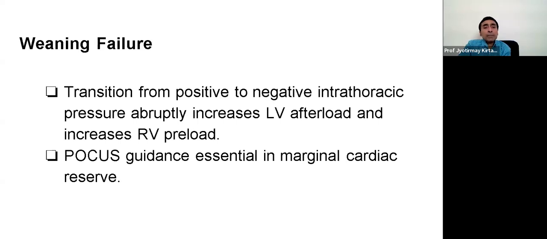As I told, weaning failure: if you just extubate a patient without paying attention to details, the left ventricular failure can get aggravated if you just pull out the tube and put the patient on an oxygen mask. So by reducing the PEEP, you go for CPAP and see how the patient's contractility and pulmonary edema deteriorate. Then you take a call for extubation, and after extubation, put the patient on HFNC.